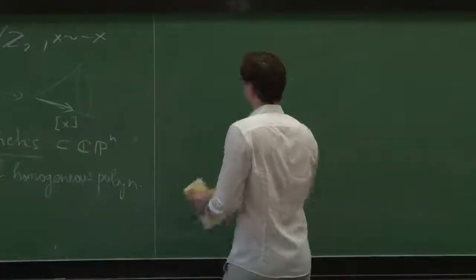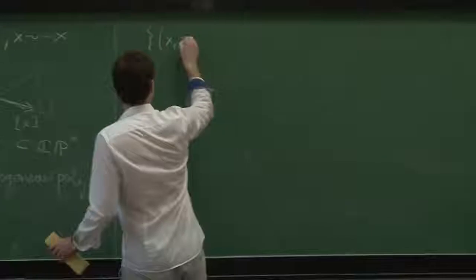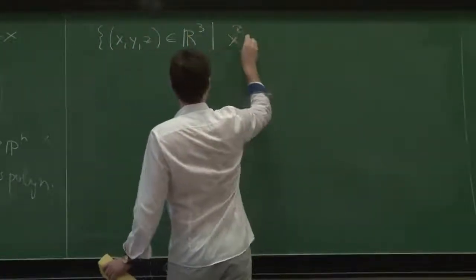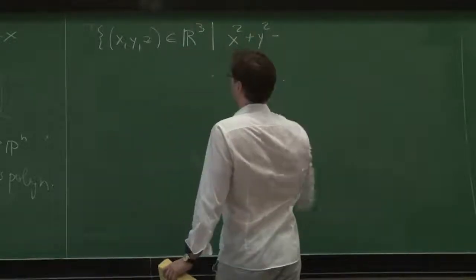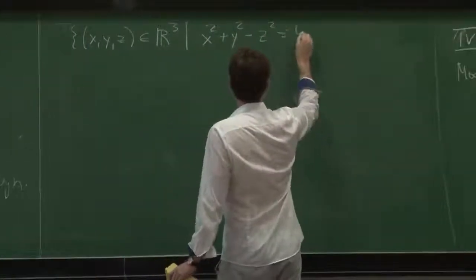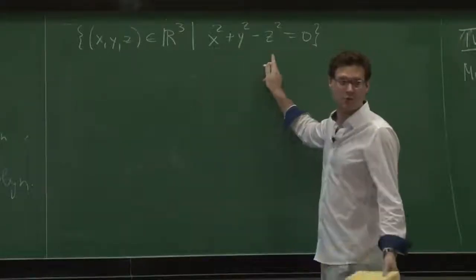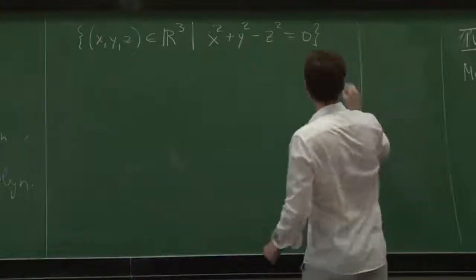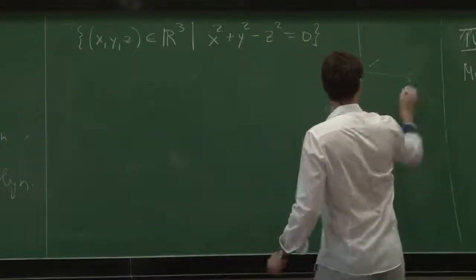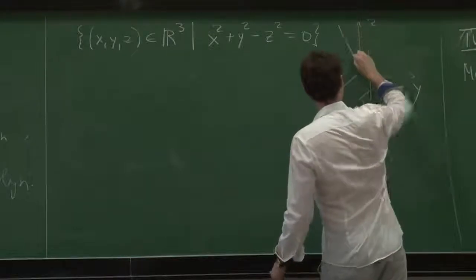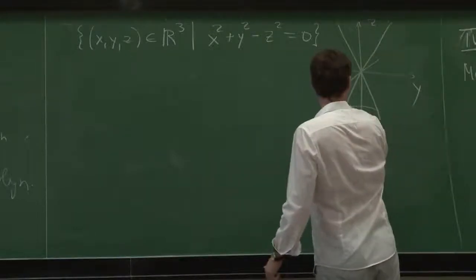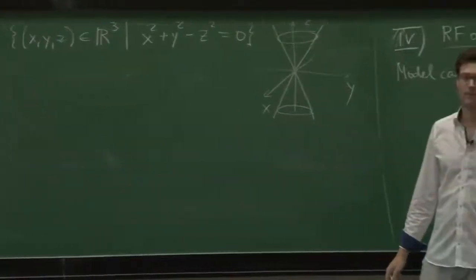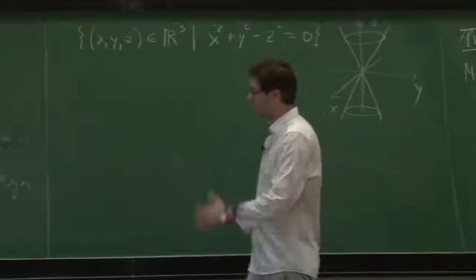Very simple. I want to study x, y, z in R^3 satisfying the equation x^2 + y^2 - z^2 = 0. This is a homogeneous polynomial, and you can all guess. This is x, this is y, and this is z. The zero set looks like two cones. Check it if you don't believe me.